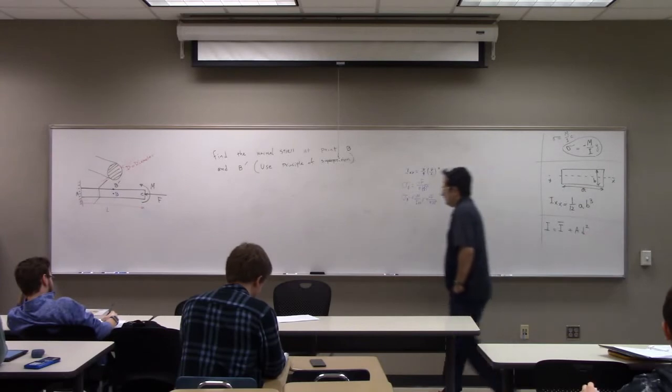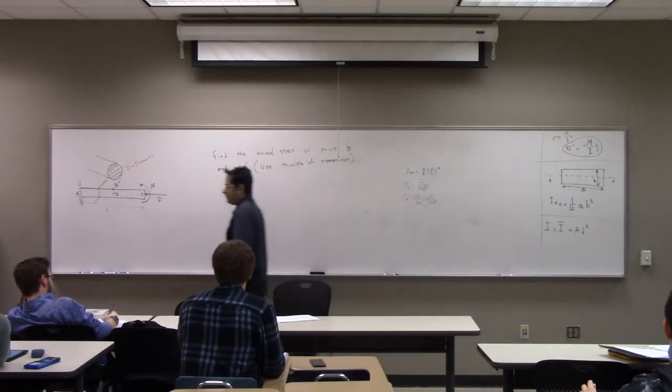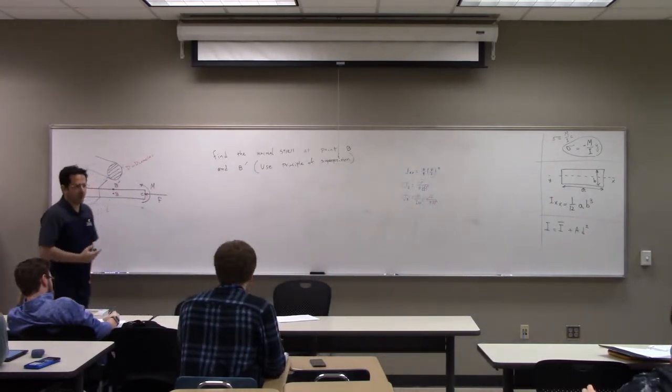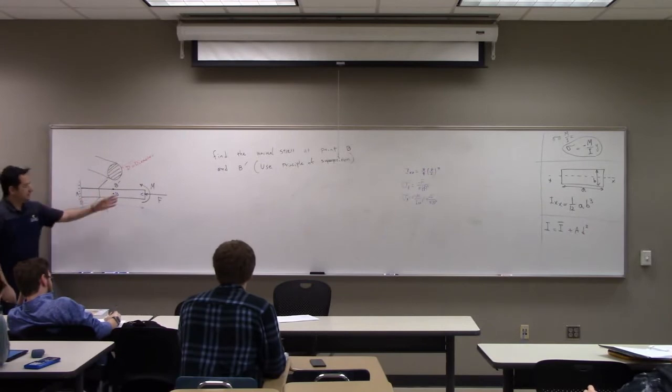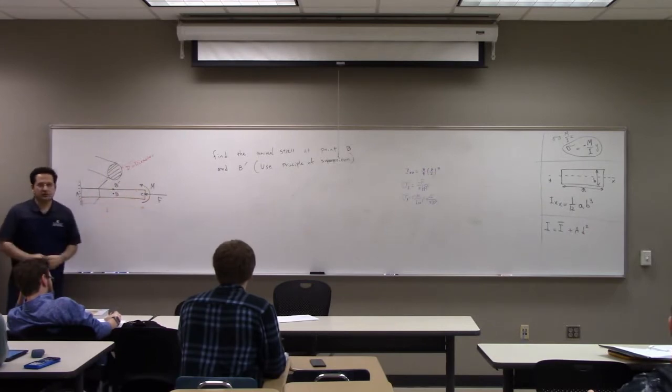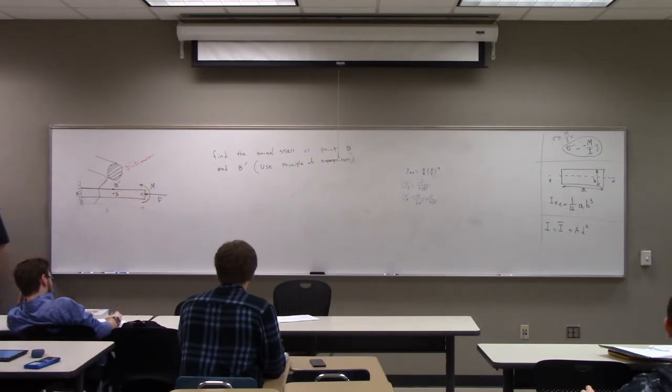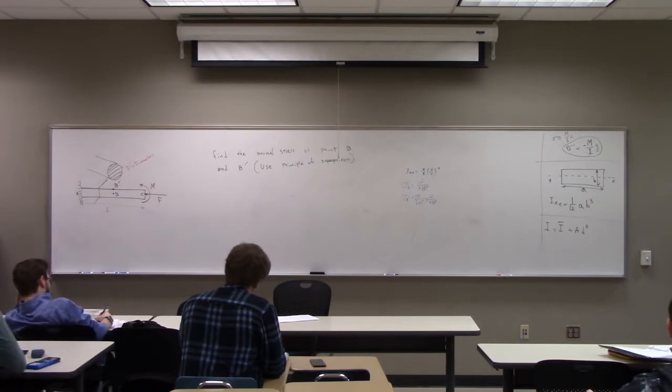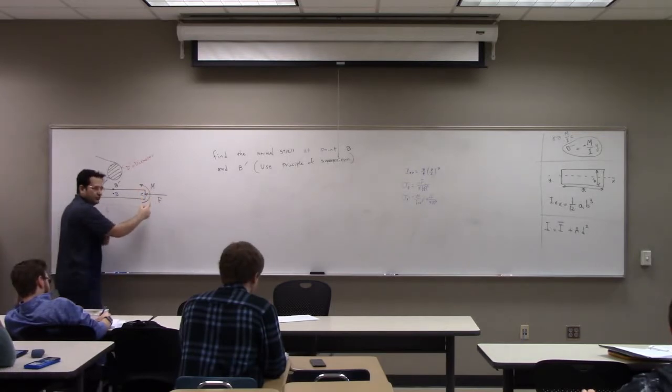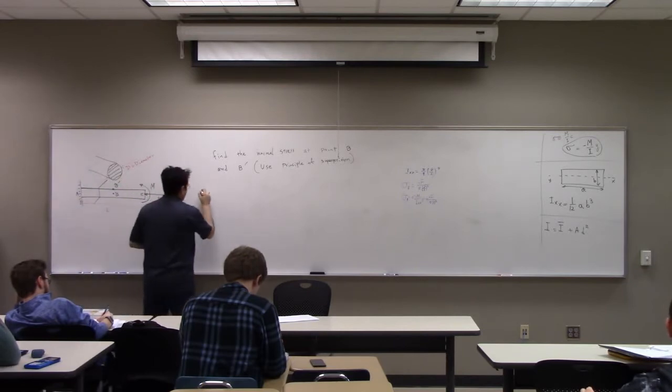So here, what he did, he said, principle of superposition. Principle of superposition says, if you have many loads, just consider one at a time, and then add the result together. So that makes your job easier. So instead of considering two, let's consider first the axial load. There you go.